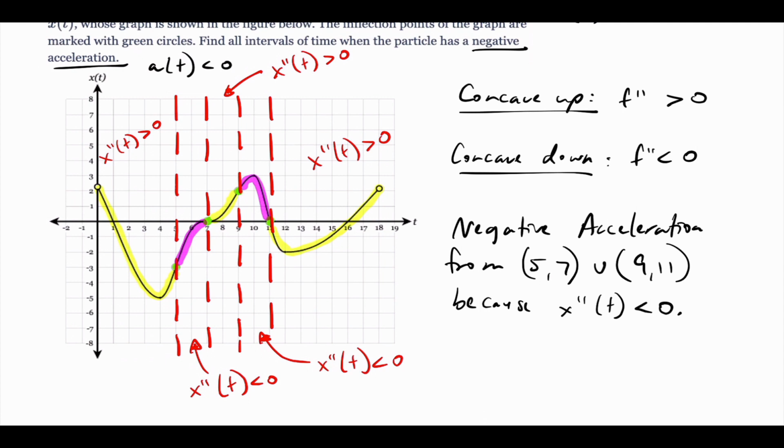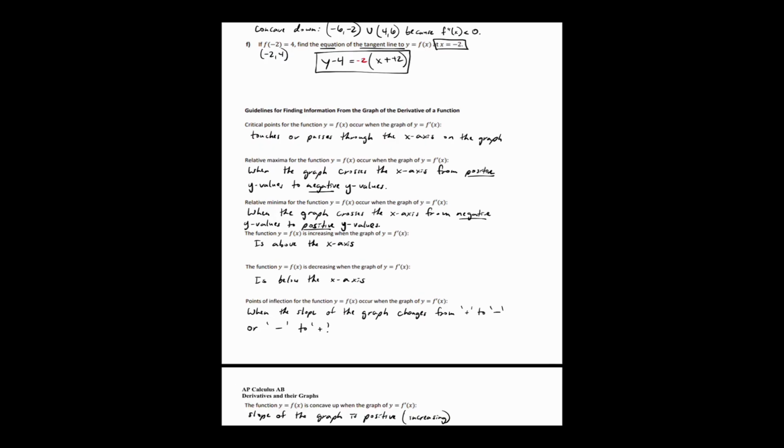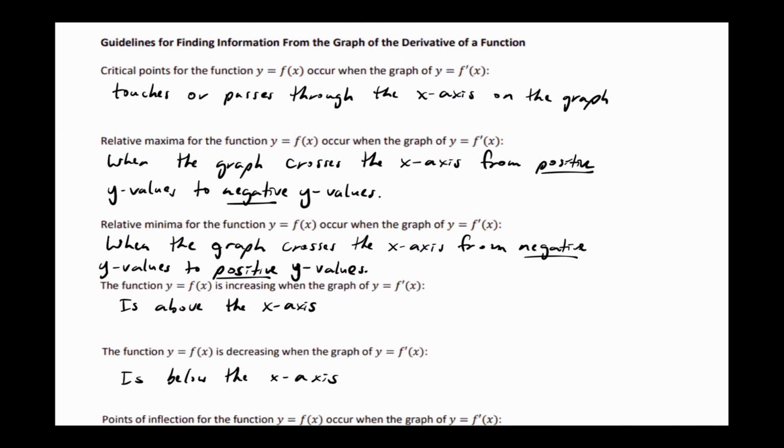So on this, let me go back real quick to where we wrote all of our justifications. The ones that say critical points, relative maximum minimums, increasing, decreasing, these could also work for velocity, because velocity is the first derivative.